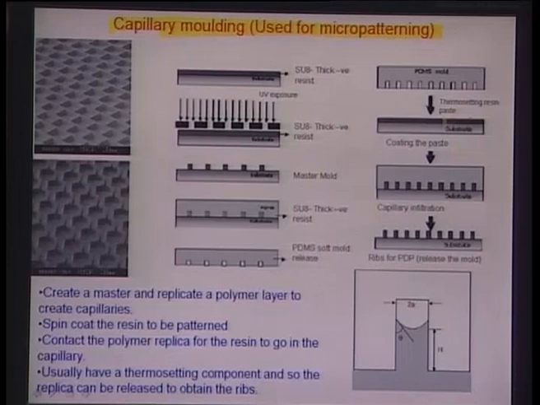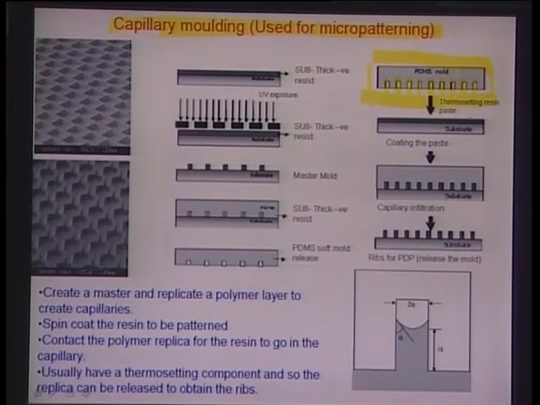You have again a mold made up of PDMS with these small micro capillaries made by replication and molding techniques. Essentially then we spin coat a thermosetting resin paste on to the surface of a substrate. In this case, the substrate may be a silicon or a glass wafer.